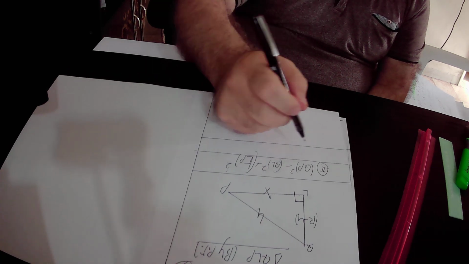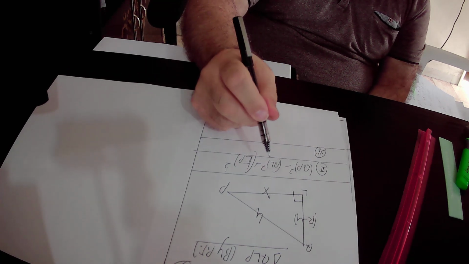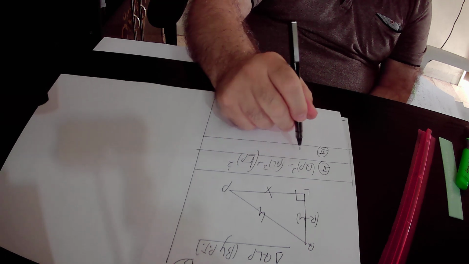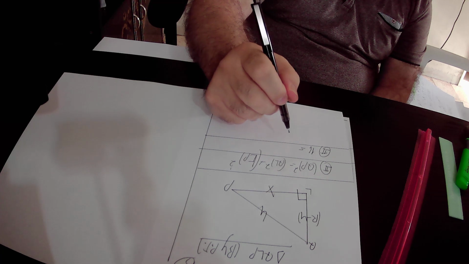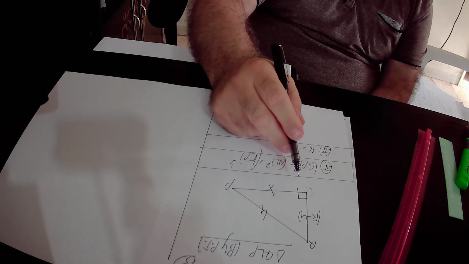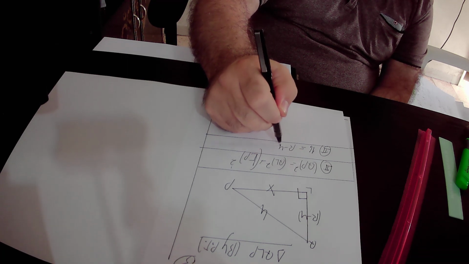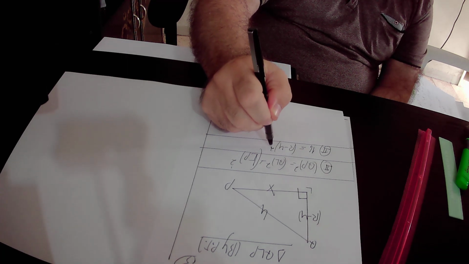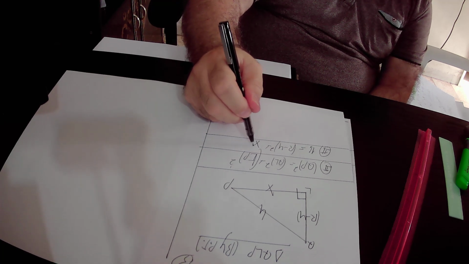QP equals 4, therefore QP squared is 4 squared, that is 16. That is equal to QL squared. QL equals capital R minus 4, therefore QL squared equals capital R minus 4 squared, plus LP squared. LP equals X, so LP squared equals X squared.